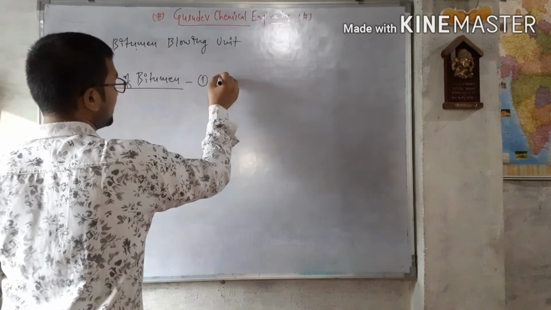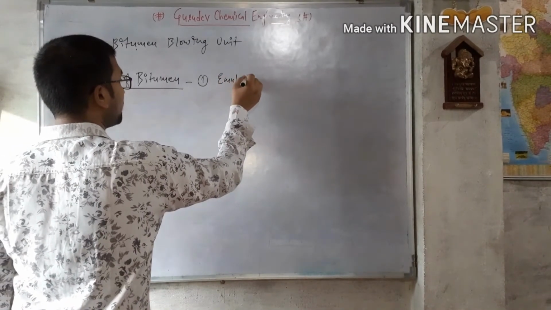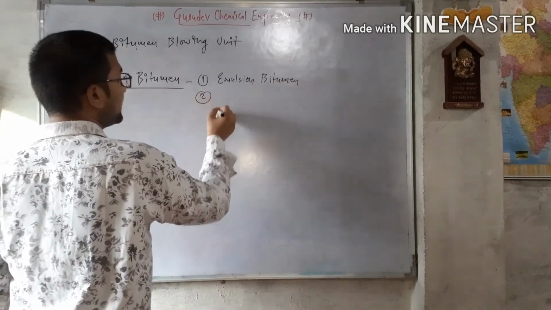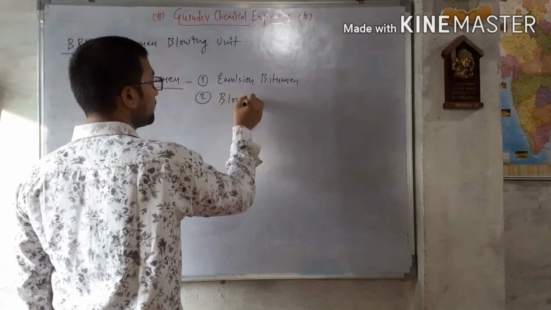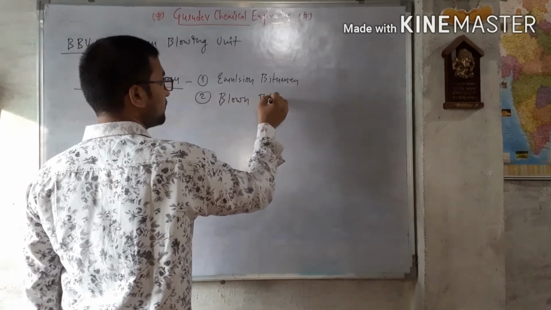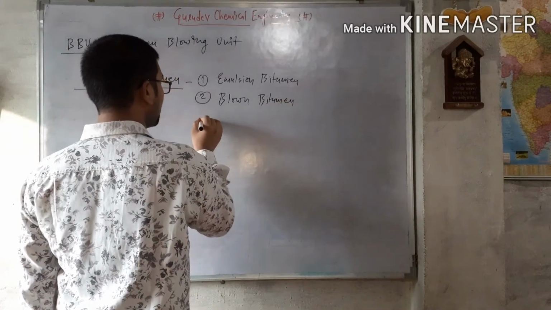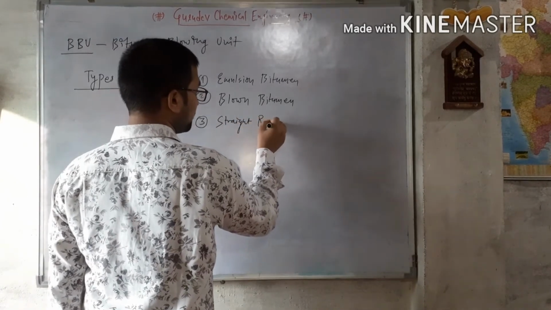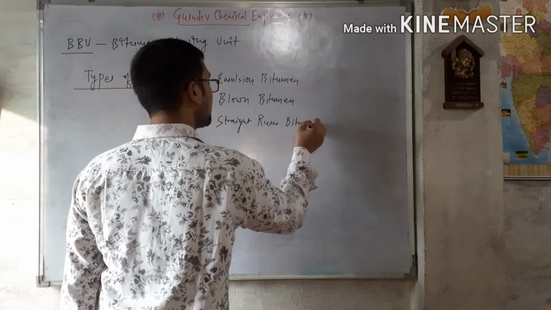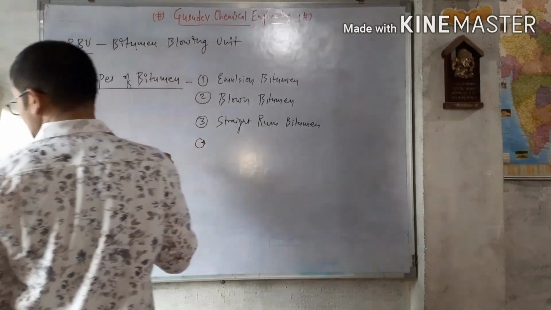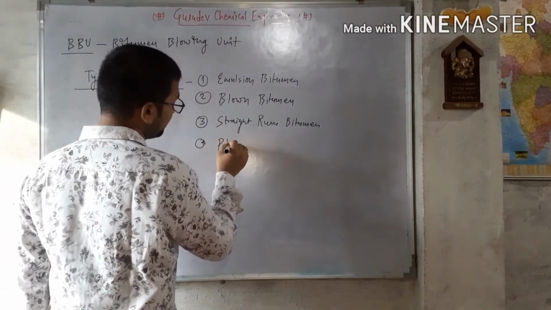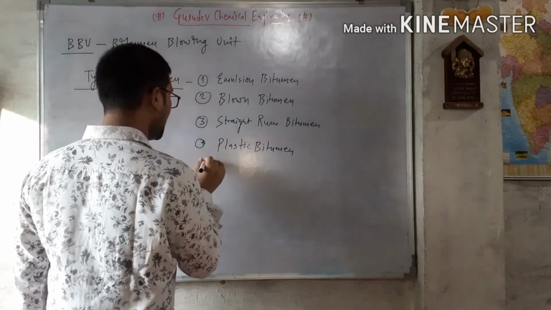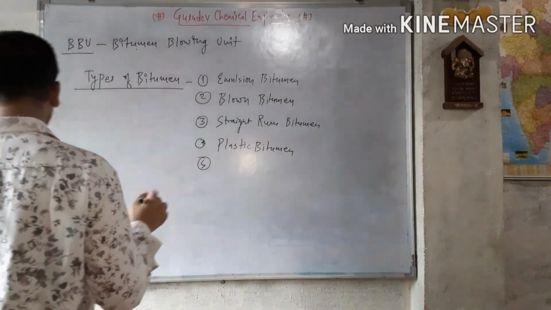First is emulsion bitumen, second is blow bitumen, third is straight run bitumen, fourth is plastic bitumen, and fifth is cut back bitumen.